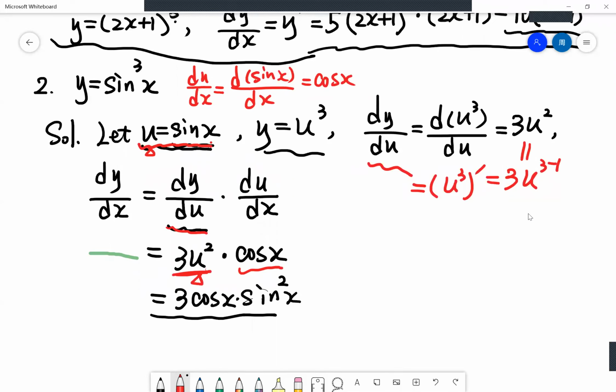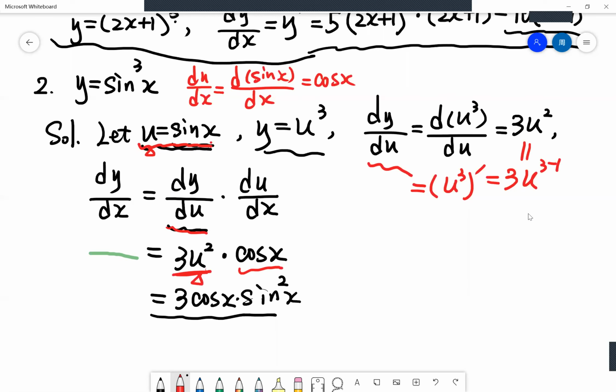So u squared, that is sine x, with the square outside. So we can get the final result, that is 3 cosine x times sine x squared. Can you understand now? Yes, Laoshi. Okay, other questions?